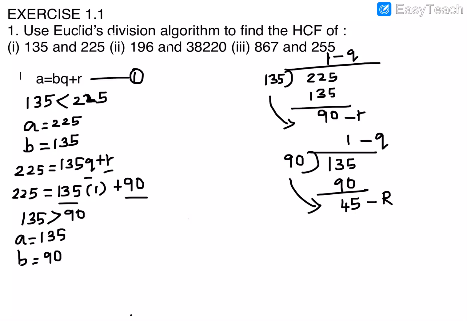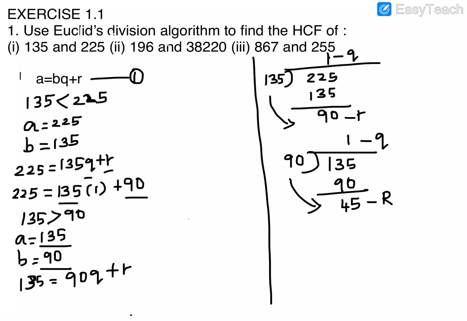So let's apply the values for Q and R. Before that I apply Q, A and B in the lemma. So 135 equals 90 Q plus R. I forgot to write it before. It's okay. We're done with the calculation. And let's substitute the values for Q and R: 90 into 1 plus R 45.